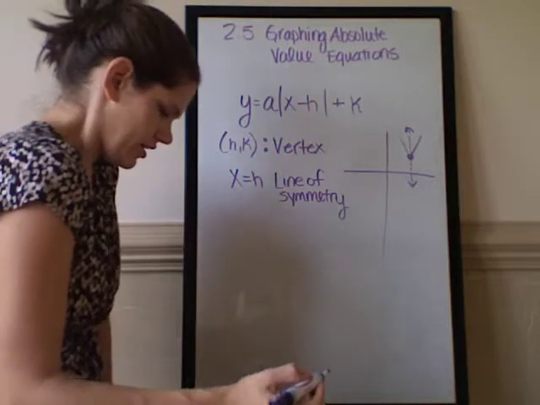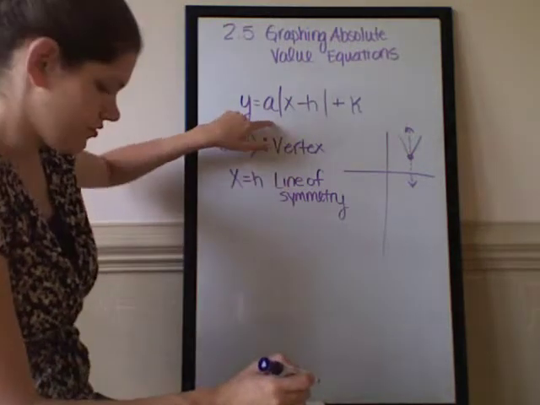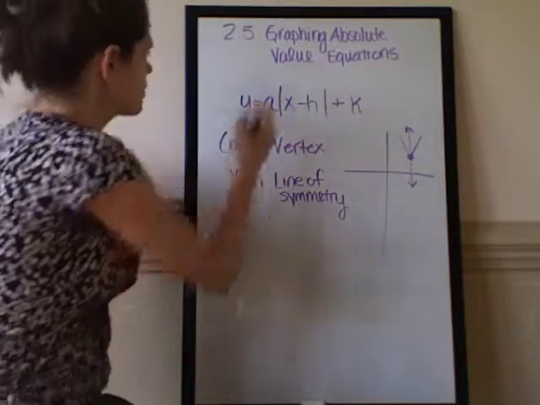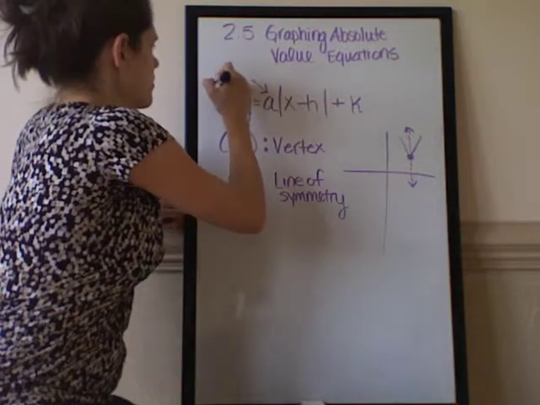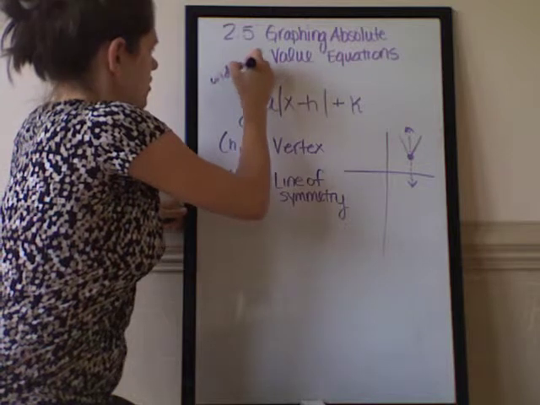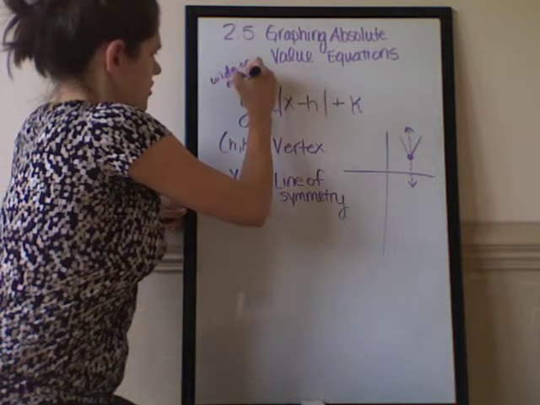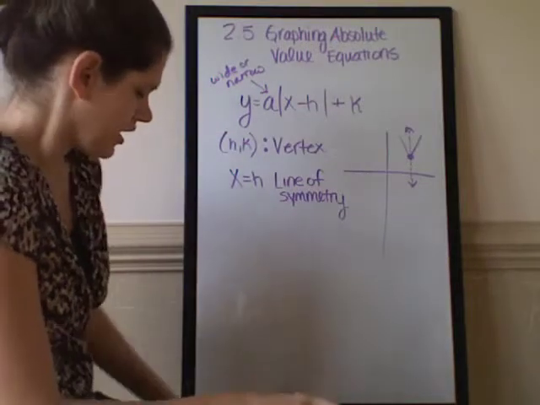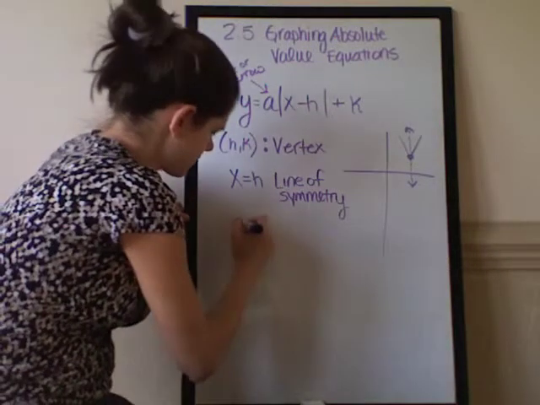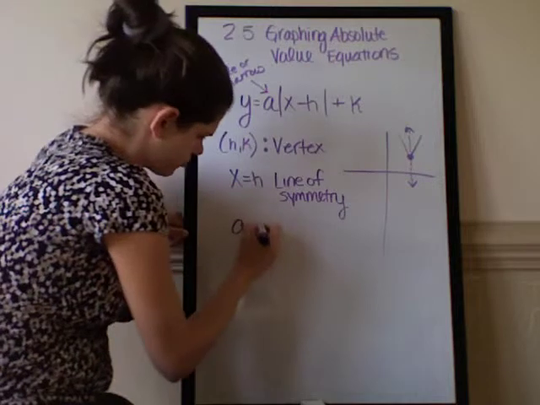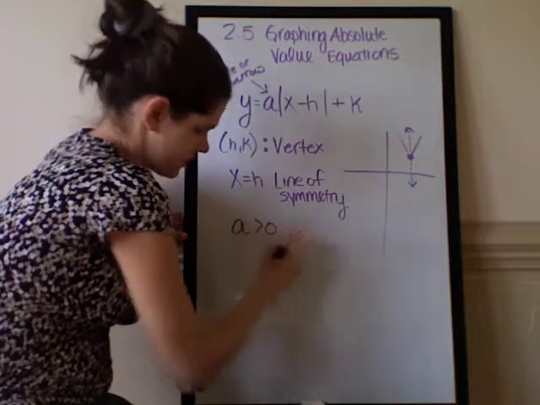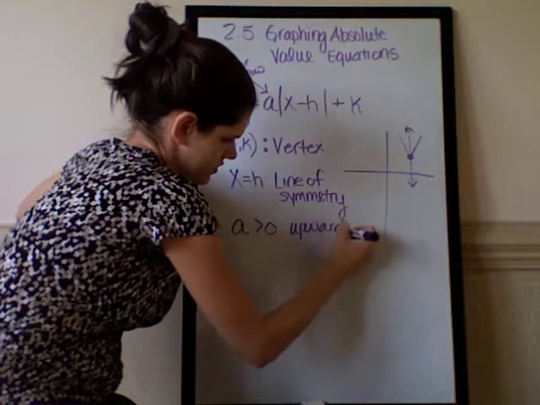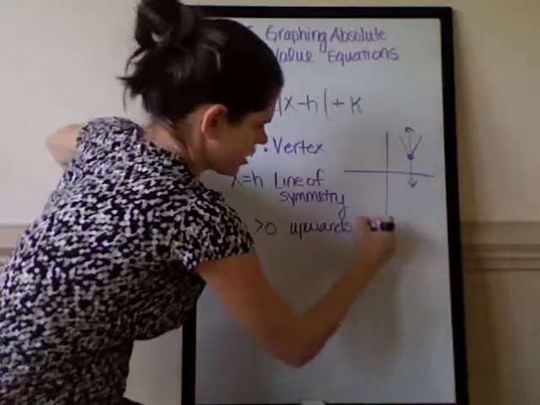Alright. The a value controls how wide or narrow the graph will be. And if a is greater than 0, I'm going to point upwards, which means I will make a V shape.